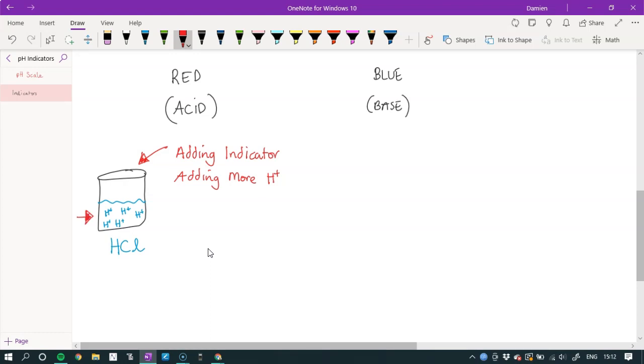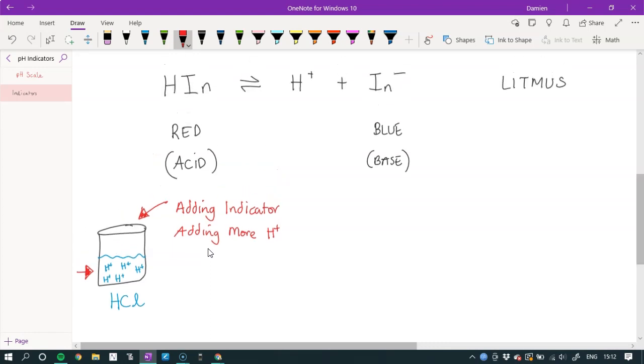But when you add more H pluses, there is too much H plus. And because this equation here is an equilibrium reaction, we have to think back to chemical equilibrium. The system will do its best to relieve any stress that's applied to it. When you add more H pluses, this is a stress applied. You're increasing the amount of H pluses.